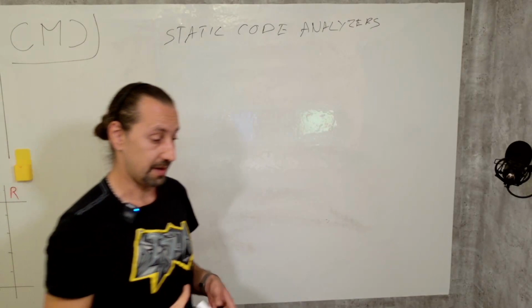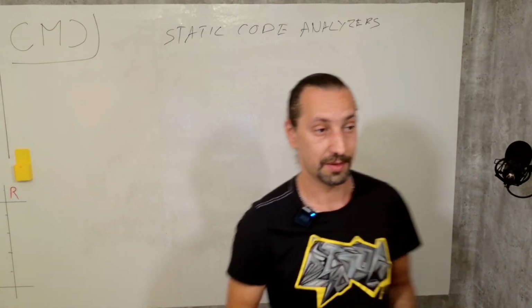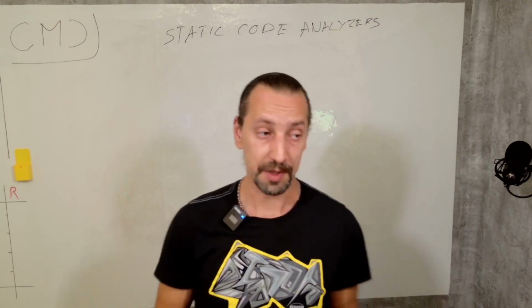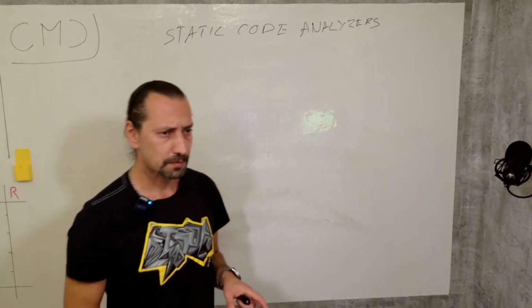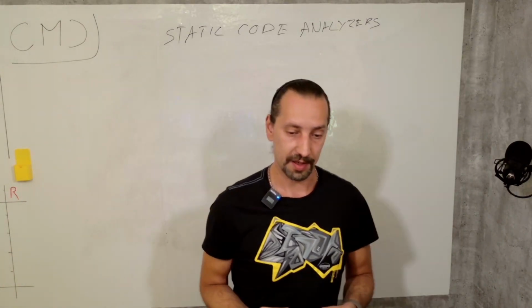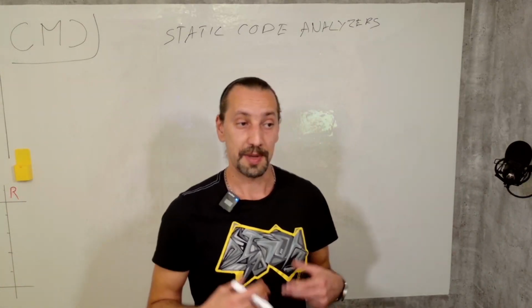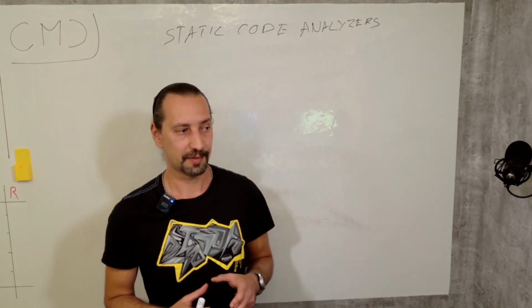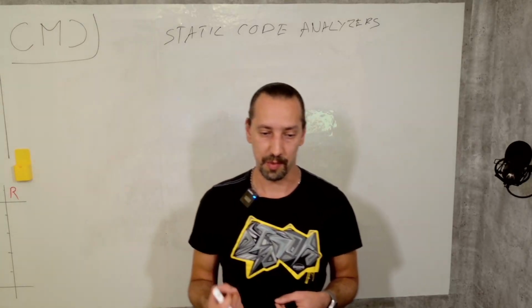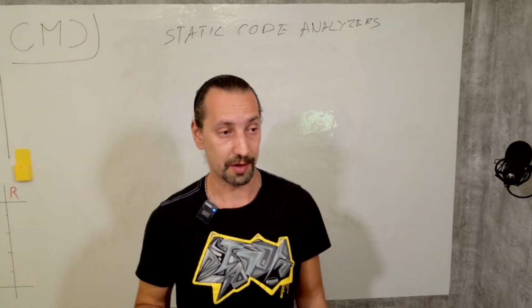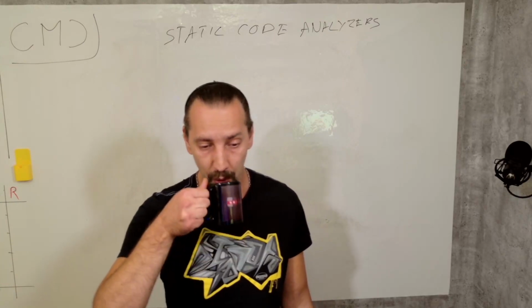I've worked in many organizations who were investing in static code analyzers. I'm not against them. But many of the time, these static code analyzers are just making noise for the developers, and they are overwhelmed with their reports. And usually, they are not aware of what to do.